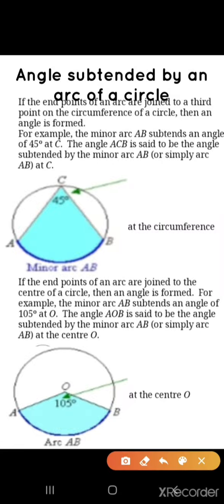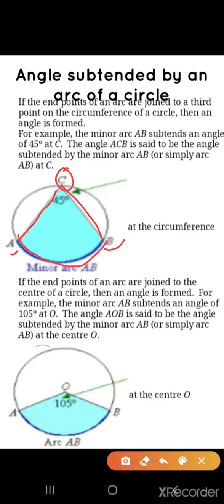If the endpoints of an arc are joined to a third point on the circumference of a circle, then an angle is formed. Here, AB is an arc, with endpoints A and B. If A and B are joined to another point C on the circumference, that is this angle, ACB.